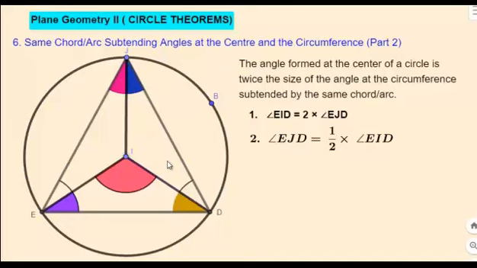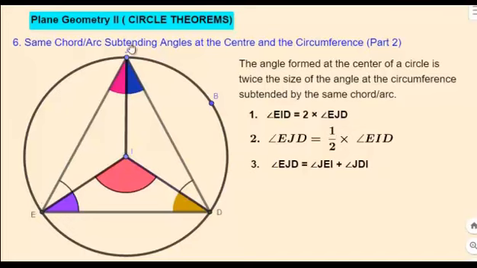Today, we want to relate angles at the center to the angles at the circumference from part 1 of this video. Now, we see that these two angles, when they are added, give us angle EJD. And that is what you see on the screen.